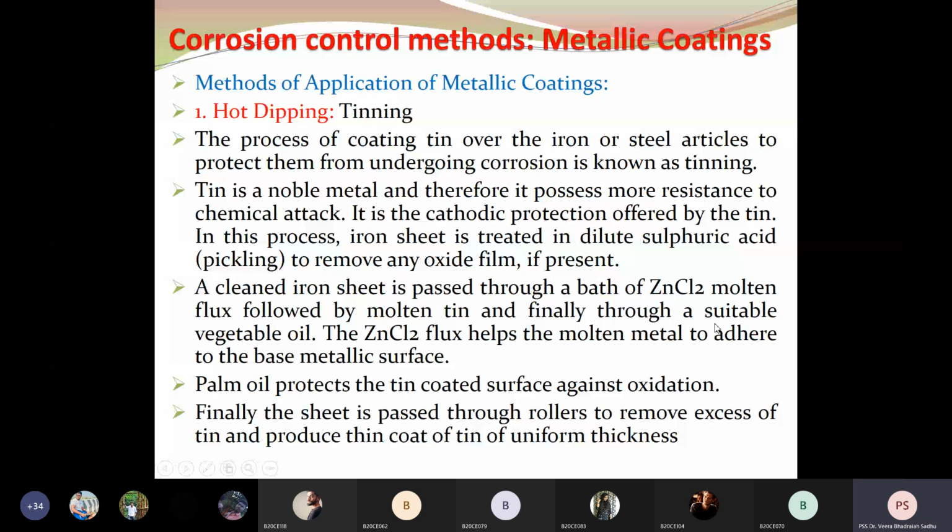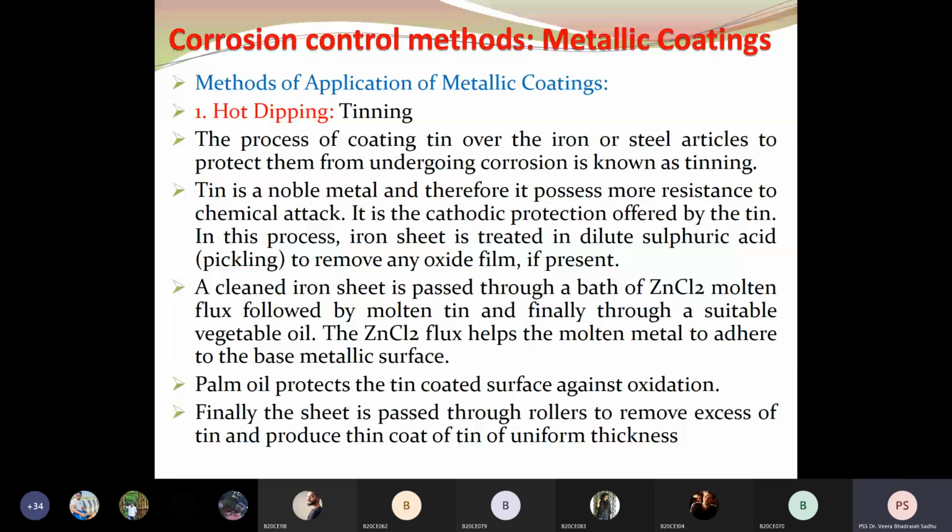The zinc chloride flux helps the molten metal adhere to the base metallic surface. And palm oil protects the tin coated surface against oxidation. Finally, the sheet is passed through rollers to remove excess tin and produce a thin coat of tin of uniform thickness on top of your iron or steel articles.